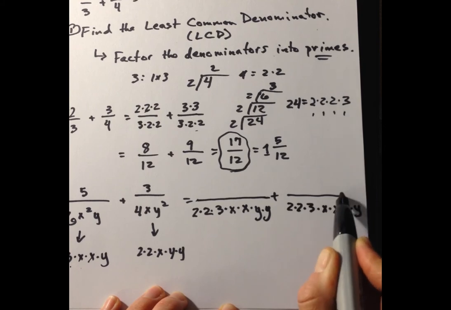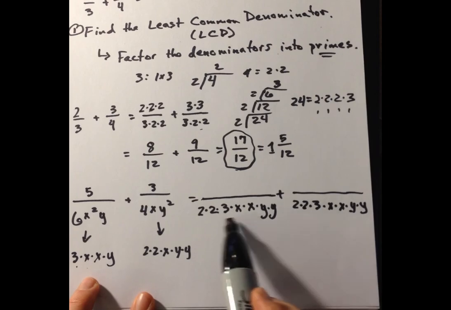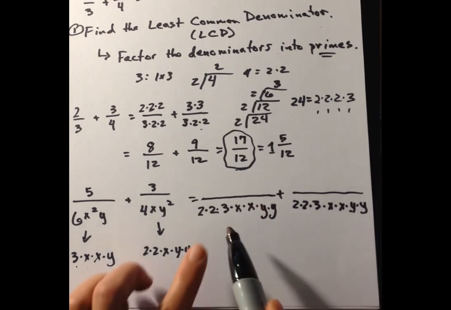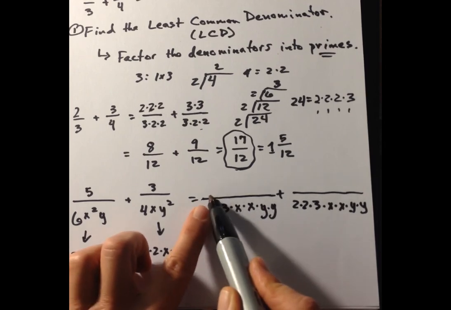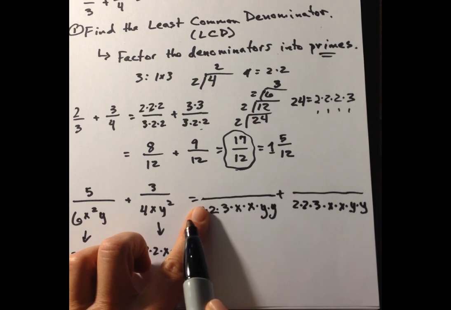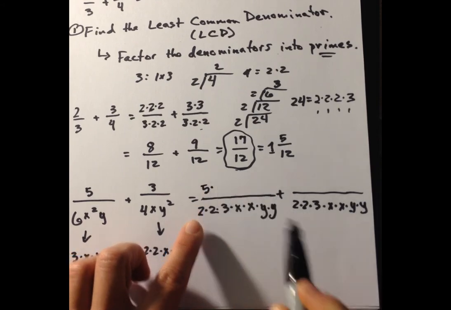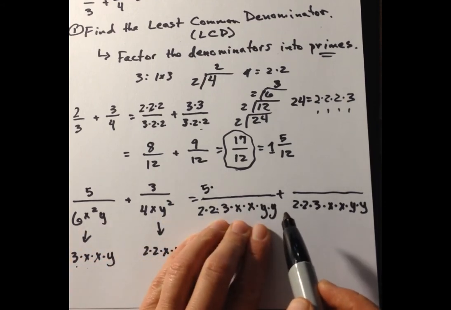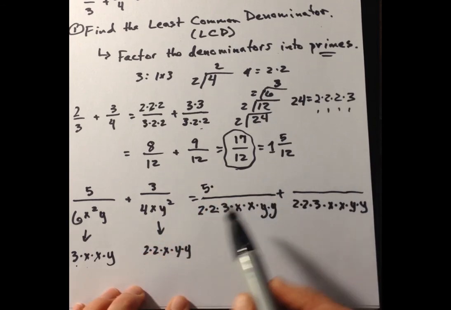All my prime factors are accounted for in each denominator, and these two denominators are the same, so the numerators can be added. But whatever I multiplied my original denominator by, I still have to multiply the numerator by that same thing. Otherwise, these fractions would not be the same. But if I multiply the denominator by something and the numerator by that same thing, then that's an equivalent fraction.